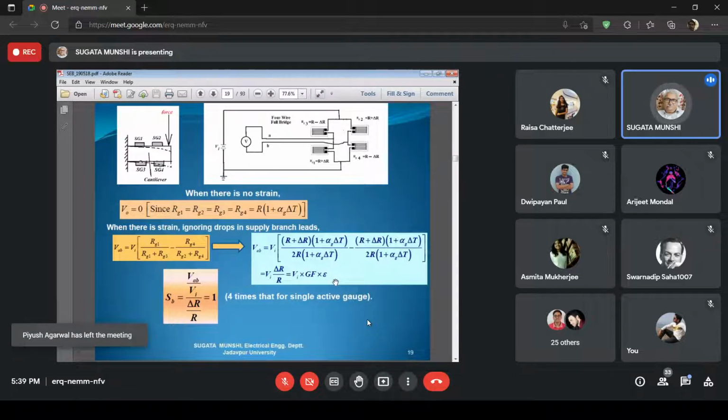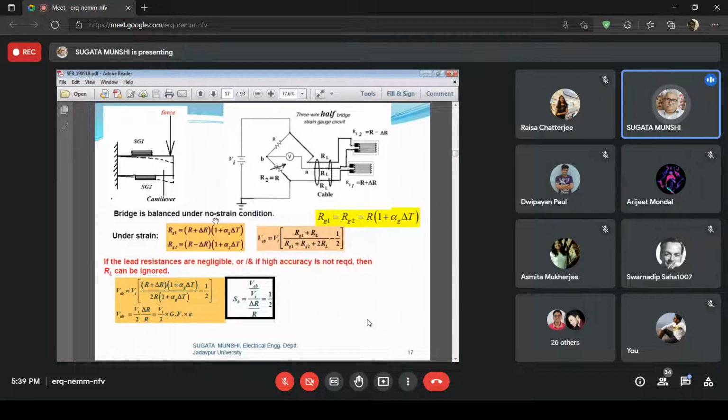If you have a metal alloy gauge, there is no chance of the performance being affected by lead resistances. In the earlier analysis, we had to ignore the lead resistances, but here no such assumption is necessary. So the output voltage is directly proportional to epsilon, because in case of metal alloy gauges, the gauge factor will remain constant. The sensitivity is now 1.